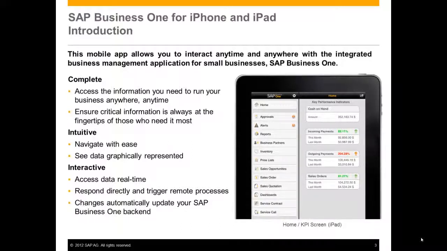The great thing about the application is that it's complete, intuitive, and interactive. So what do I mean by that? Well, it's complete because it's giving you the ability to access the information you need to run your business anywhere, anytime, and it ensures that critical information is always available to those people who need it most. If you like, it's available at their fingertips.